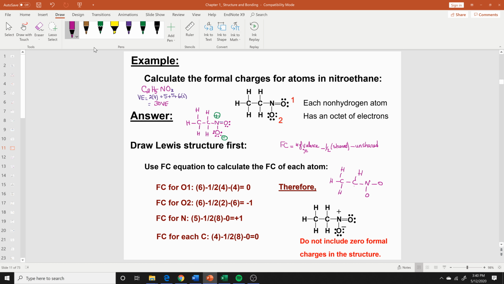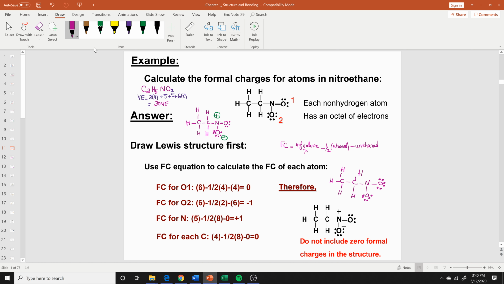Now I need to make sure to distribute all 30 valence electrons in this structure. 1, 2, 3, and so on up to 30. So I am done here.